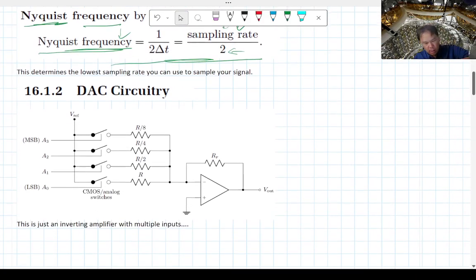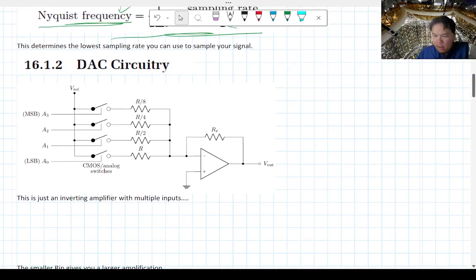So how do we actually do it? You already kind of seen this before, but now it's going to be applied to digital to analog conversion. And this is going to involve an amplifier. Whenever you deal with analog electronics, you're going to deal with an op amp.